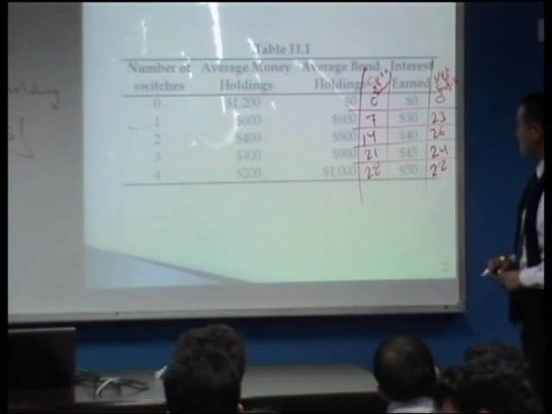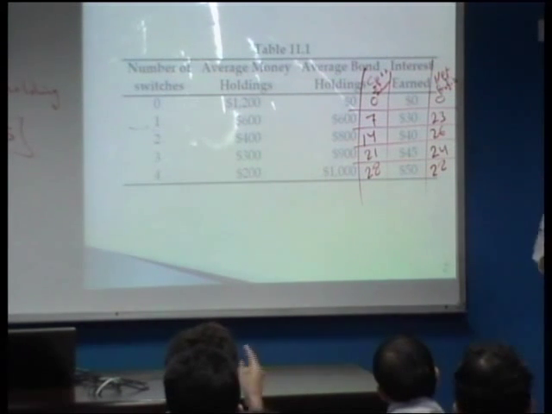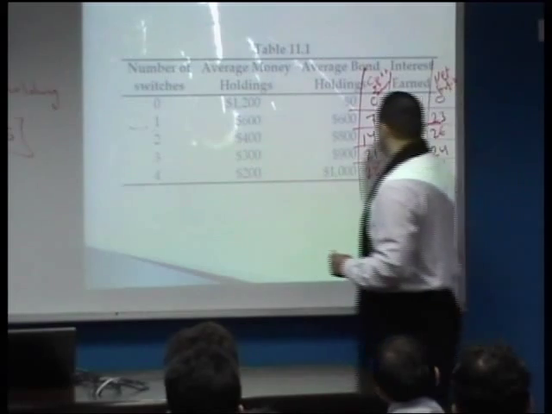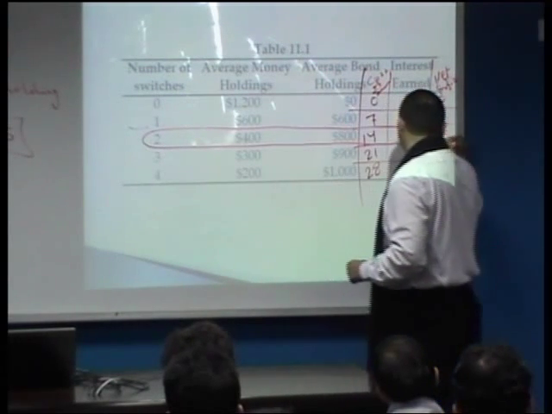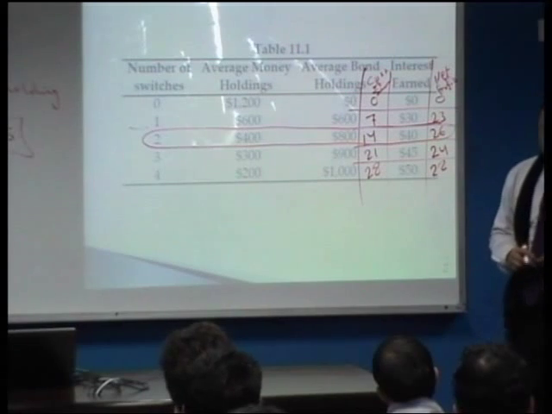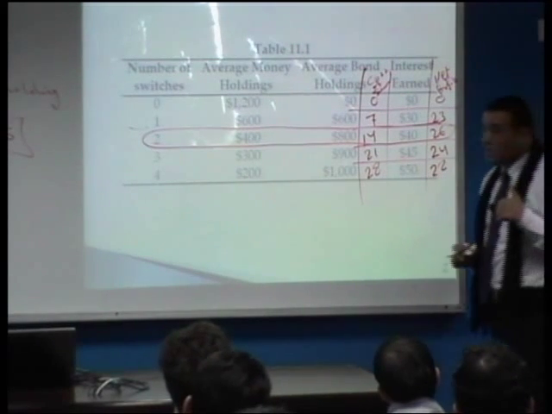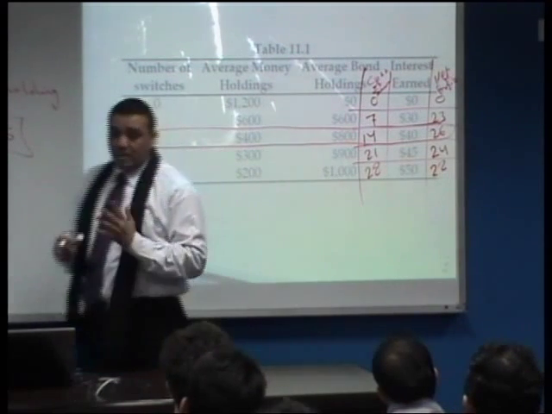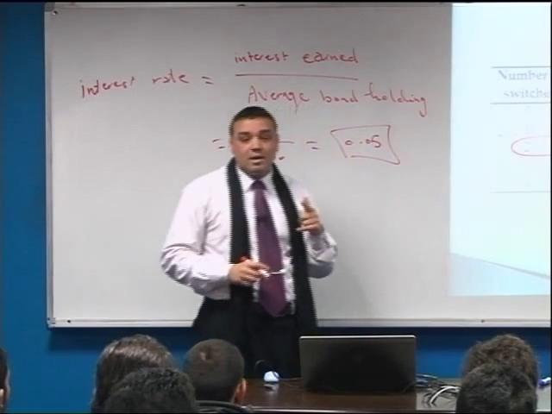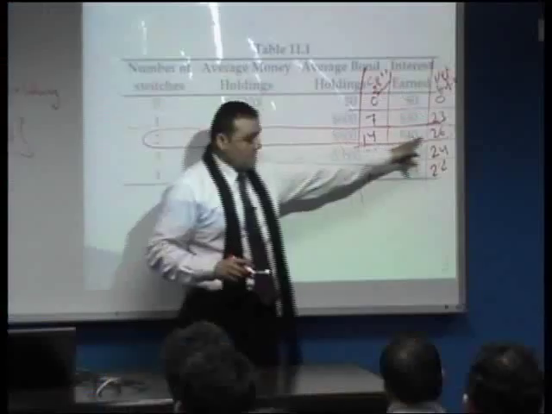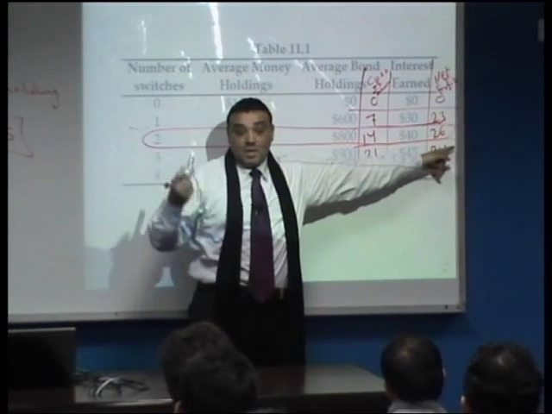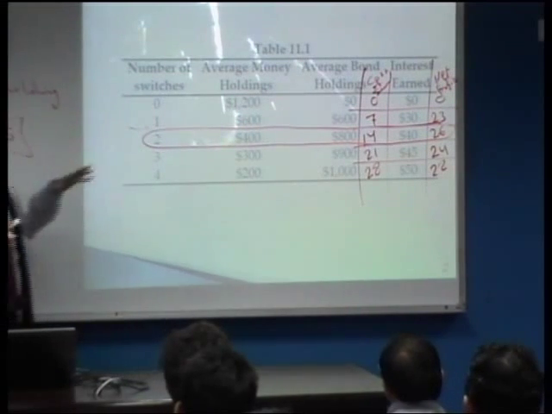So where is the new optimal balance? Yes, at 26, which gives the highest net profits. Right? So where is the new optimal balance? 26, right? Exactly, yes.